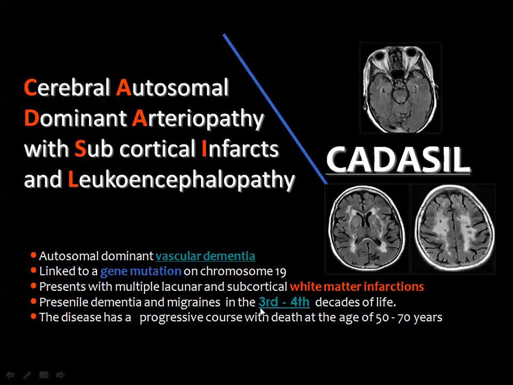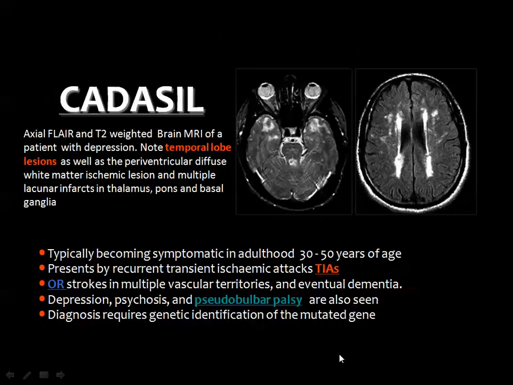They are seen in the third and the fourth decades of life, and the disease has a progressive course to death around the age of 50 to 70 years.